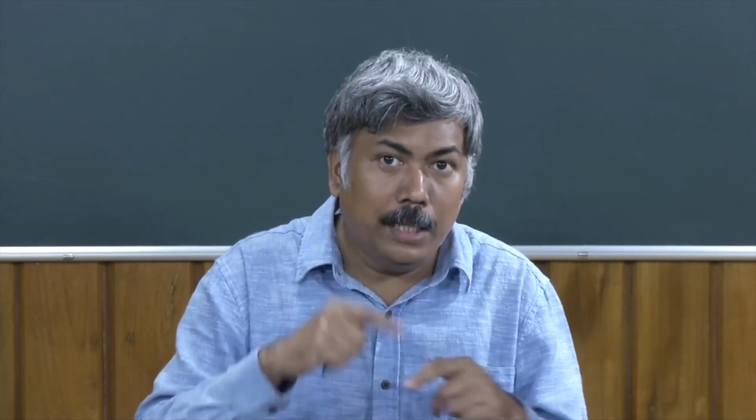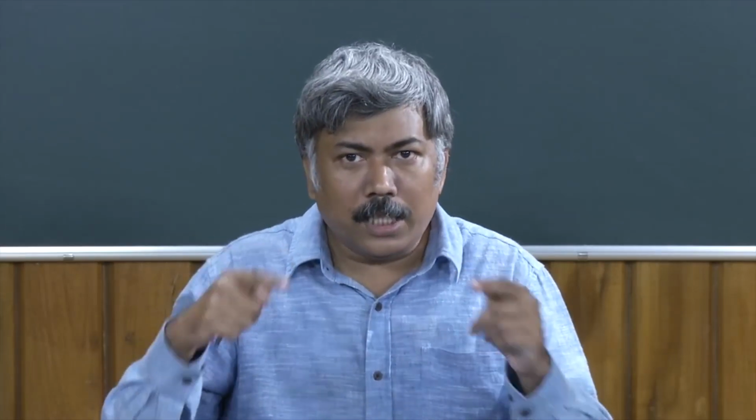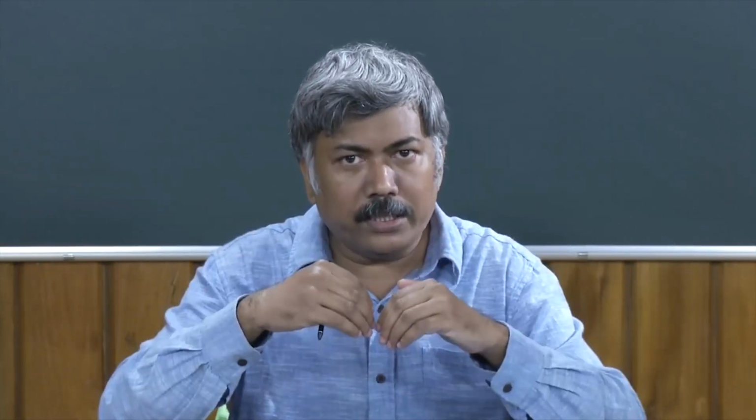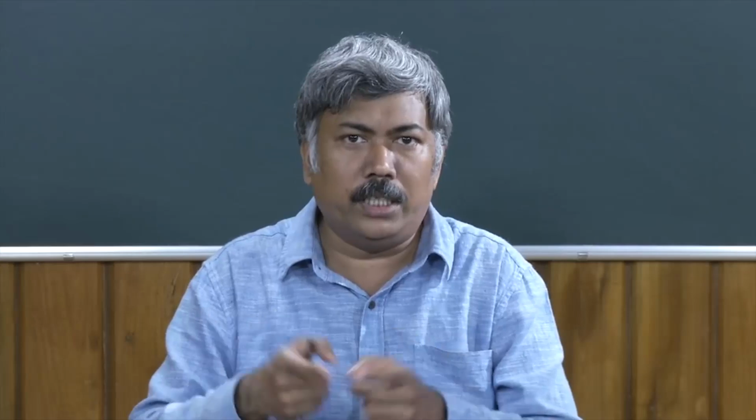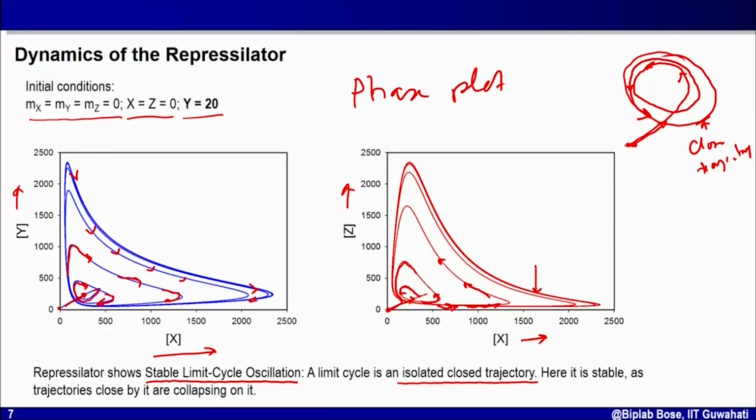So this type of system is called stable limit cycle, because it is stable because things are collapsing at this closed trajectory, and limit cycle because initially you have cycle oscillation, but those are not in the closed trajectory but on the open trajectory. So this open trajectory eventually takes the system to a closed trajectory, which is the limit of the whole thing. So it is a closed limit cycle. So it is a limit cycle oscillation.